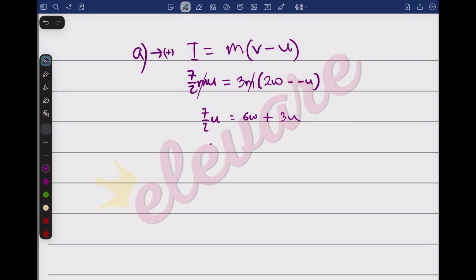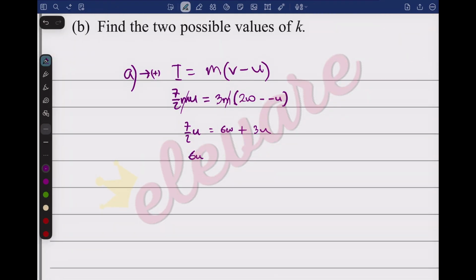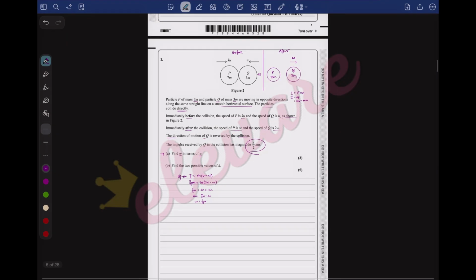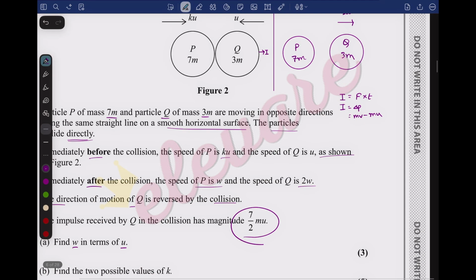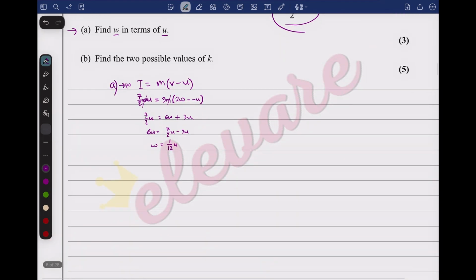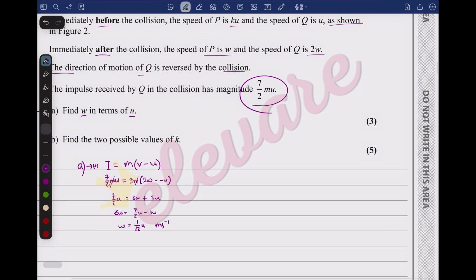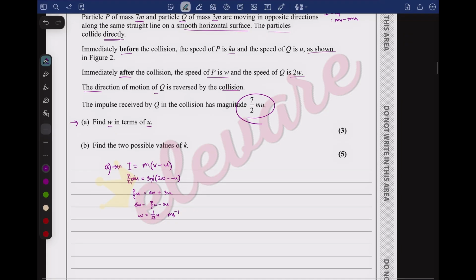Now we need w in terms of u, right? So let's make w the subject. I'm sure you guys can do this. There's no explanation needed here. 3.5 minus 3 divided by 6. This is 1 by 12u. That is quite a weird answer, but we're going to have to go with this. Done. That is it. Do we need to write down meters per second? Not really, but even if you write it down, I don't think it's that much of a problem.